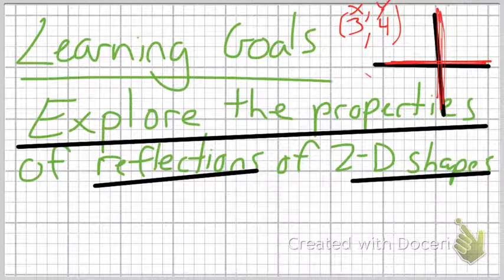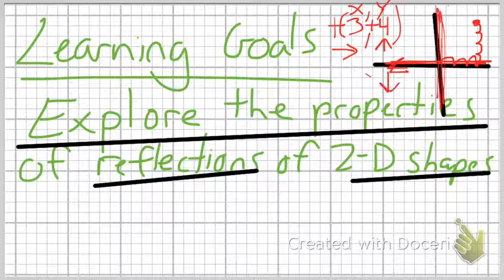So I would find point 3 here, 1, 2, 3, which is right there, and then go up 4. 1, 2, 3, 4. Now the reason I went to the right first and then up is because both of these values are positive. If they had been negative, I would have gone to the left and down, but they are positive. And that is from previous lessons.